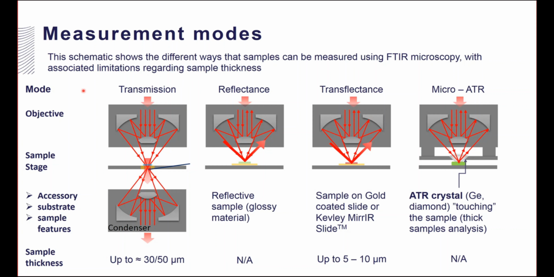In the upper part of the slide, we have the acquisition modes: transmission, reflectance, transflectance, and micro ATR, or attenuated total reflection. Just below the mode, for all the acquisition modes, we have a representation of our objective. As you remember, the objective in infrared microscopy is called Cassegrain, and is an objective composed of mirrors.